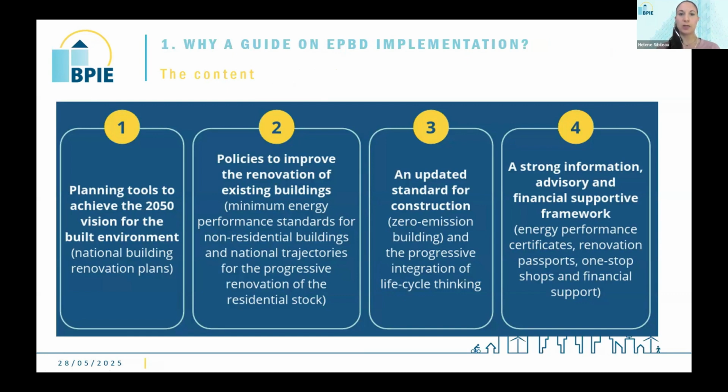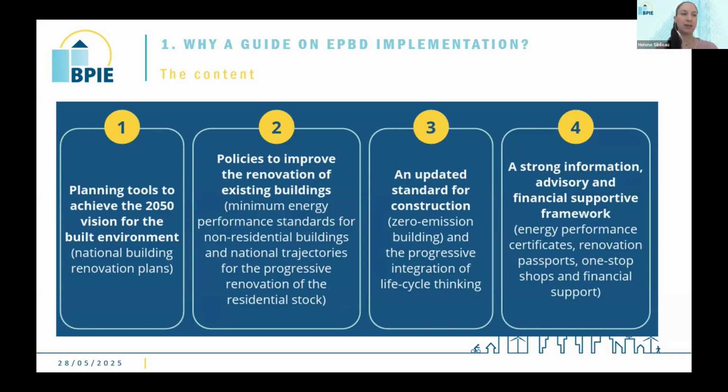Third, looking at the updated standard for construction, as well as the progressive integration of life cycle thinking, which is a new thing in this EPBD revision. And finishing with the strong supportive framework, looking at information, but also advisory services and financial support. In the next slide, I actually explain a bit more how we see these 4 themes in a system.